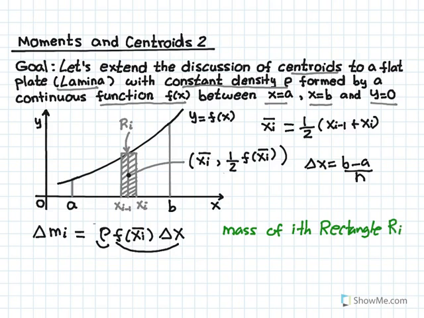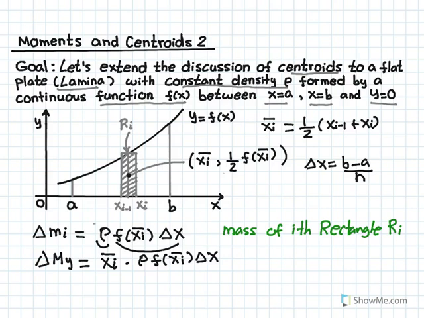And delta My, the moment of this rectangle about the y-axis, is going to be xi bar, the distance to the y-axis, times the mass of this element, which is rho f of xi bar times delta x. So a key concept: the distance to the y-axis is going to be measured by the x-coordinate.